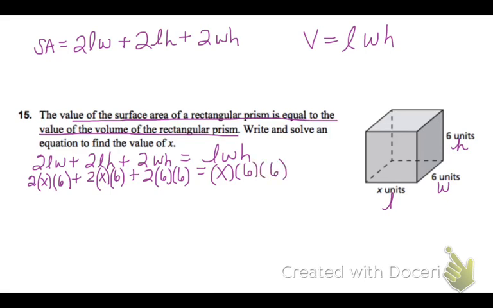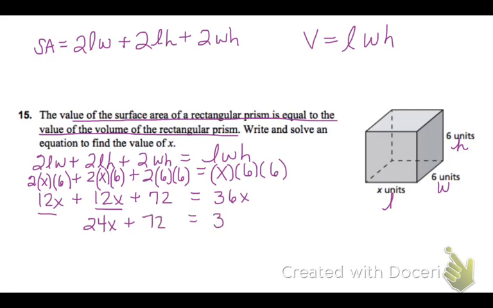So this next step is to simplify. So 2 times X times 6 is 12X plus 12X plus 2 times 36 is 72. And X times 6 times 6 is 36X. So again, one more step to simplify. 24X plus 72 is equal to 36X. So this is like one of those first examples where we want to subtract the 24X because there's X by itself on this side.